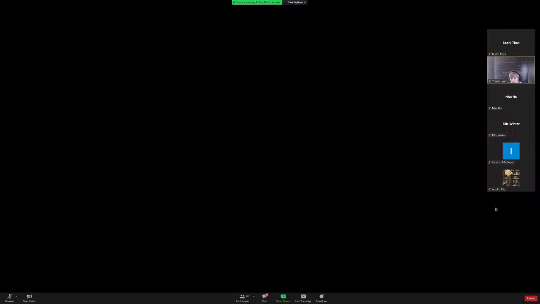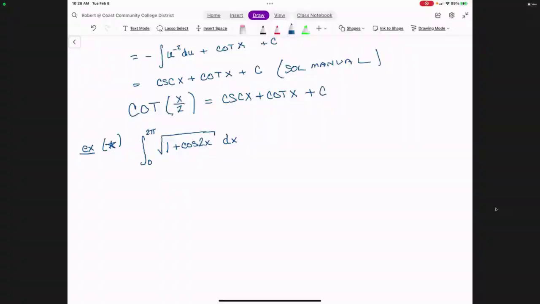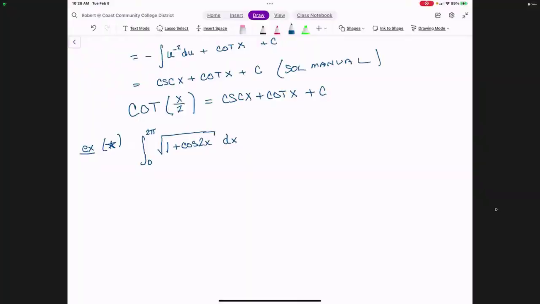All right, well, what identity did you come up with here for this guy? You say that 2 cosine squared x is equal to 1 plus cosine 2x? Okay, that's a good place to be. Solution here.